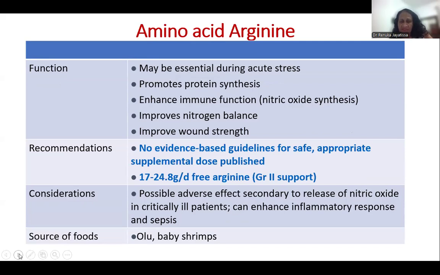There is not much evidence and guidelines, but still for grade 2 wounds, they recommend about 17 to 24.8 gram of free arginine. But sometimes there are toxic adverse effects. When we come to food sources, all seeds and baby shrimps have this arginine.